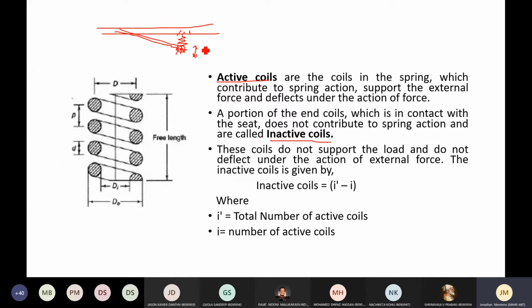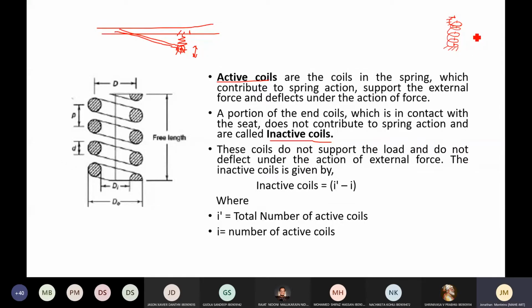You will fix a portion of the coil itself. Something like this. So the first coil is here, the second coil, third coil, fourth coil, fifth coil, and so on. Now you want to fix something. Usually the first coil is fixed, and here at the bottom, the last coil is fixed.